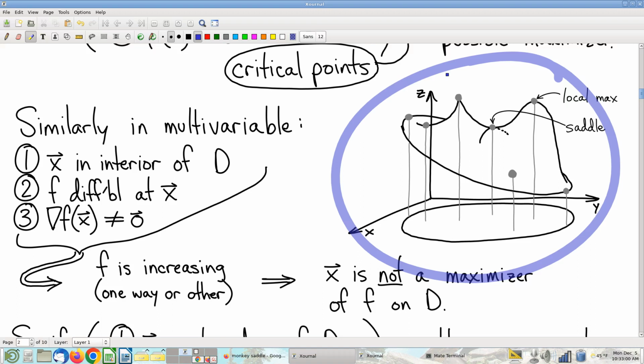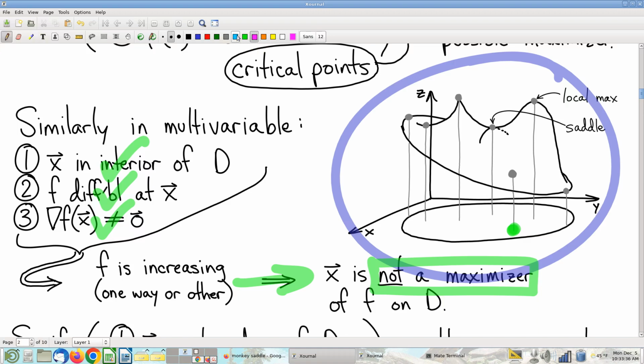But there are various different things that can happen, right? And again, we have an active process of elimination to identify with great confidence certain points that are definitely not maximizers. Specifically, if you have a point like this one here, where it's in the interior of your domain and the function's differentiable and the gradient is not equal to 0, well, golly, that means that the gradient is a certain vector there, like that.